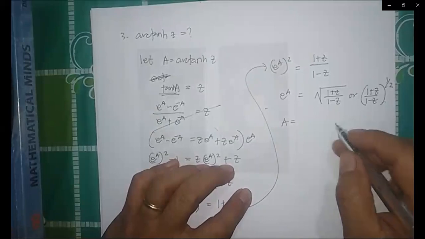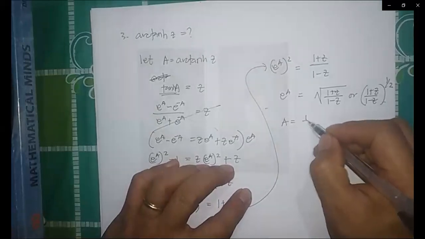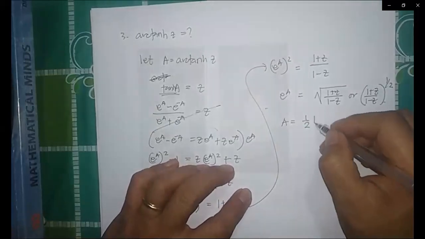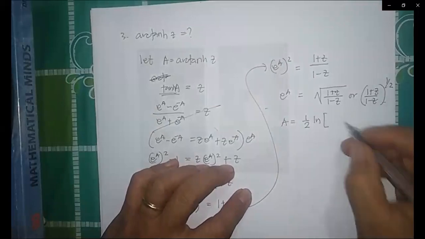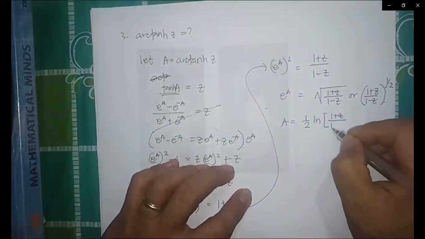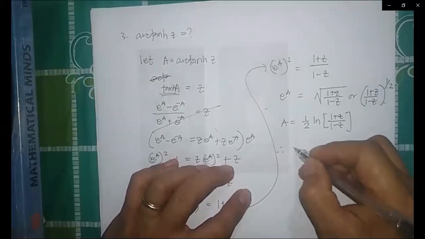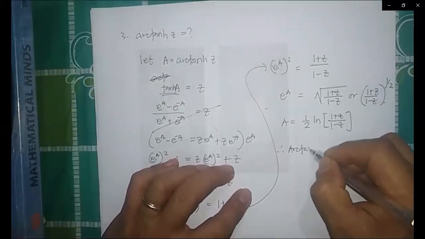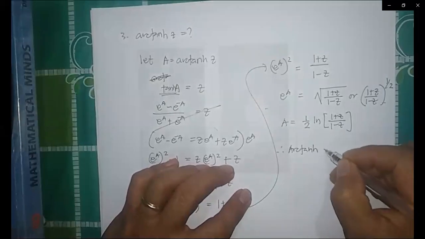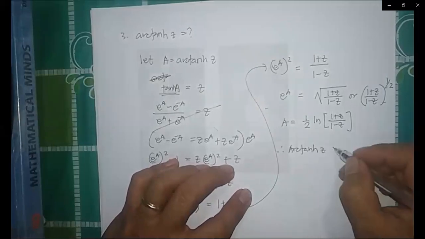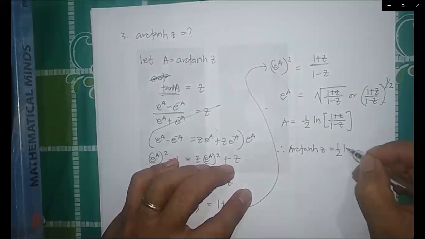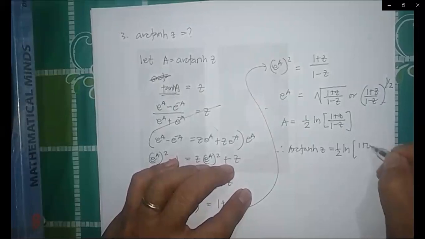So this will now become a, which is equals to, take note of the logarithm of the power, so the power will become the multiplier of the logarithm of 1 plus z all over 1 minus z. Therefore, the arc tangent hyperbolic of z is simply equal to the logarithm of 1 plus z all over 1 minus z.